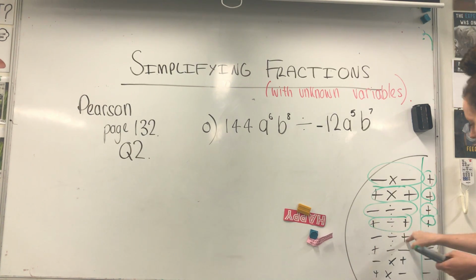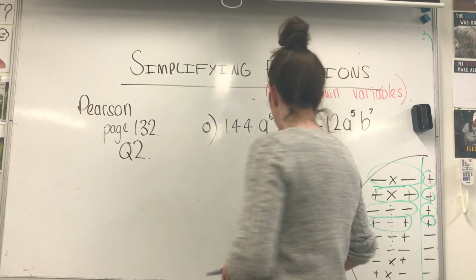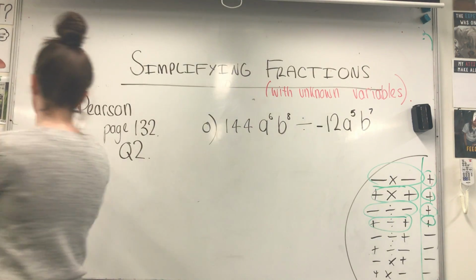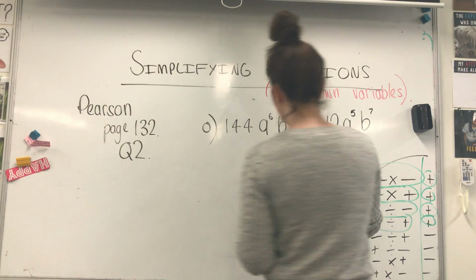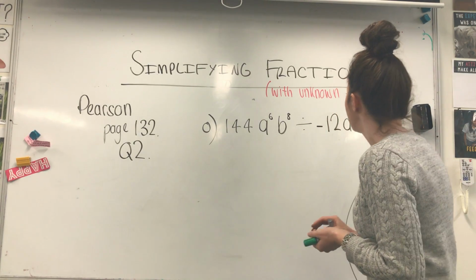And whenever they're different, so the symbols are different, negative by positive, positive by negative, and so forth, it's always going to be an overall negative number. Okay, so whoa, that was crazy. So let's do this first part. Let's look at the coefficients first.